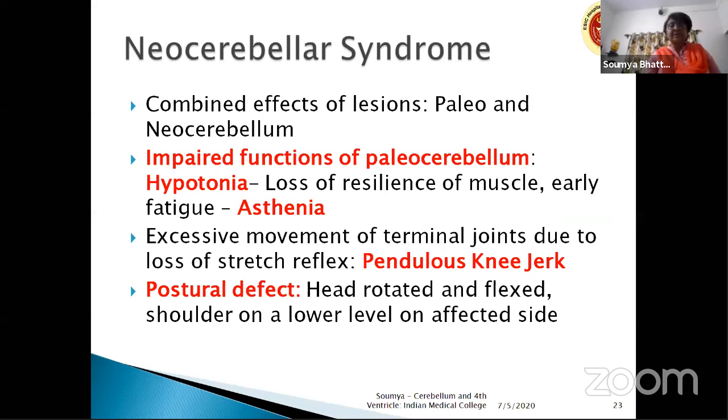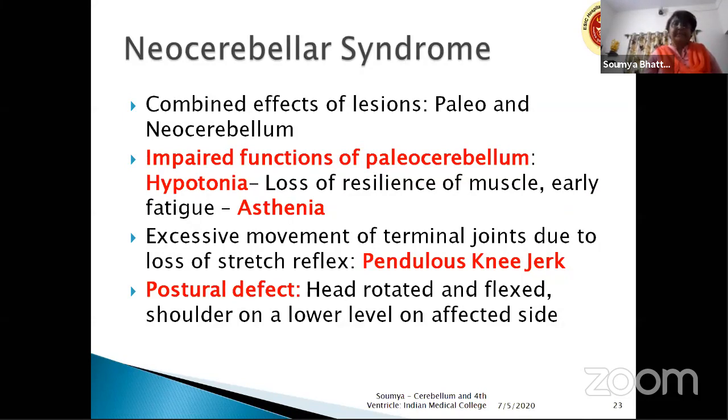Next is Neocerebellar Syndrome. Now see, Neocerebellar Syndrome includes paleo and neo both. Therefore, what are the fibers which can get damaged? It can be either the spinocerebellar fibers or the cerebropontocerebellar fibers.